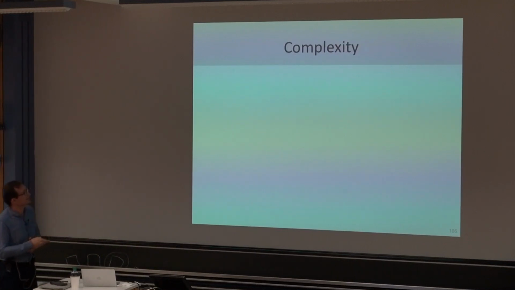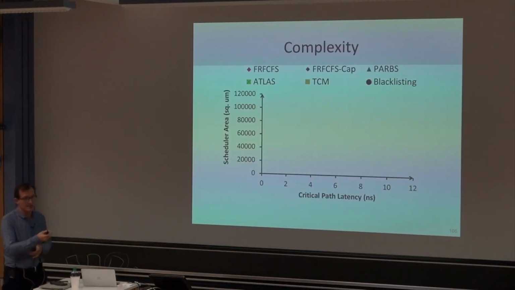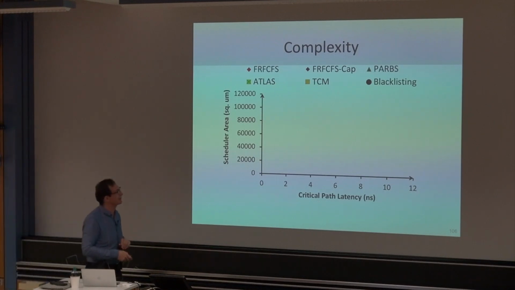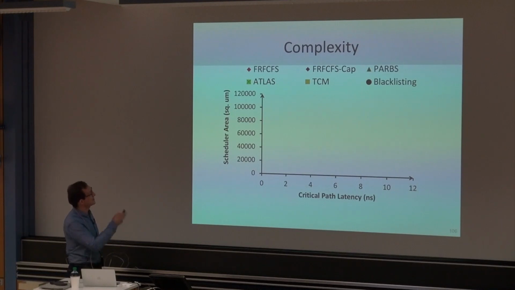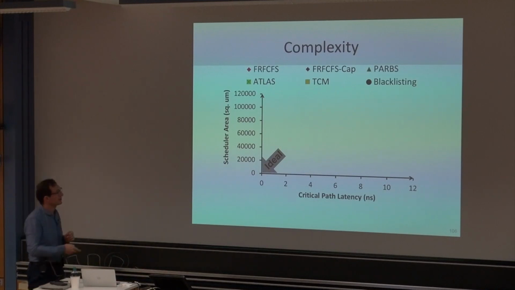Okay, we already said that. So complexity, this is actually really interesting. It's in the paper. These are schedulers that are designed at some level of optimization based on the RTL code. And we figured out the critical path latency and the scheduler area with, I think, a 65 nanometer library over here. So ideally you would like to be here clearly.